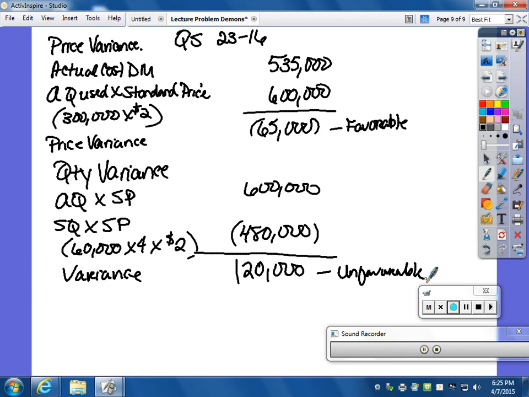The following information describes the company's usage of direct labor in a recent period. Compute the direct labor rate and efficiency variances for the period. What do we do first?